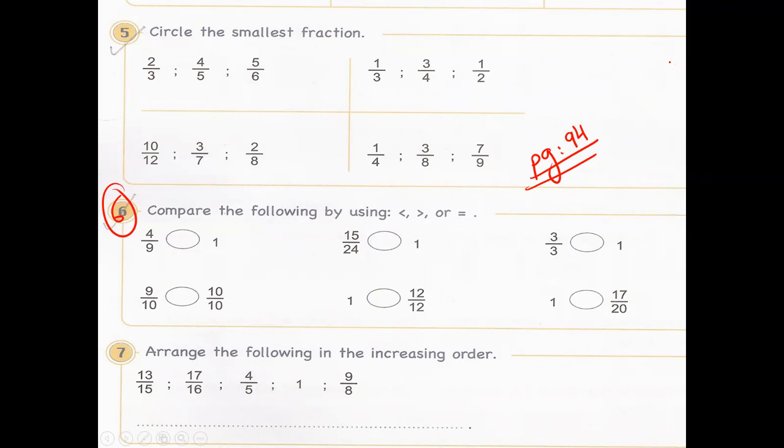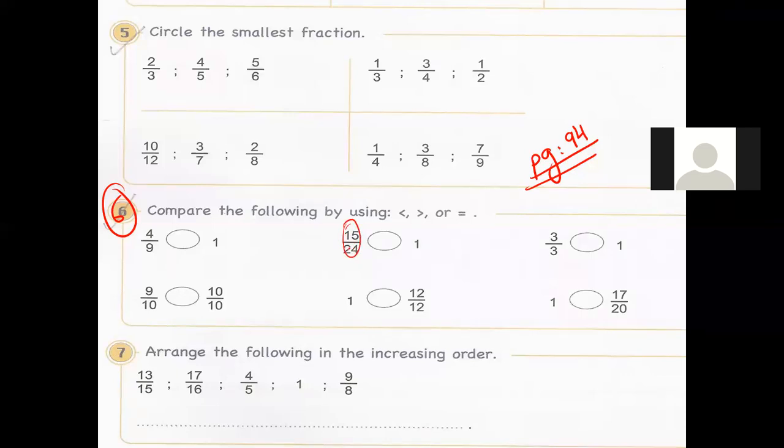Check 15. Hassan, is 15 over 24 proper or improper? Improper. No, proper. 15 is less than 24. So quickly we have to say the fraction is less than 1, like this.